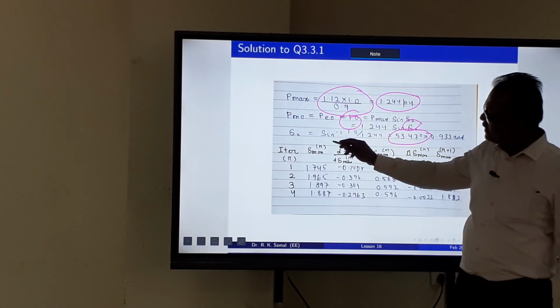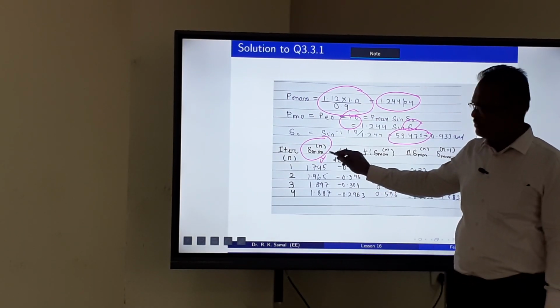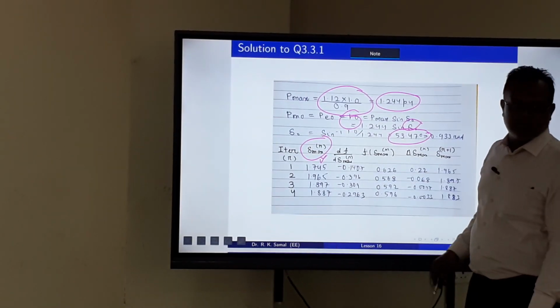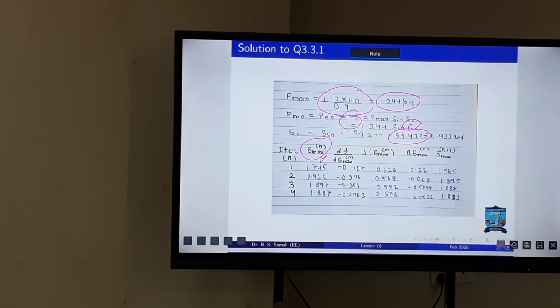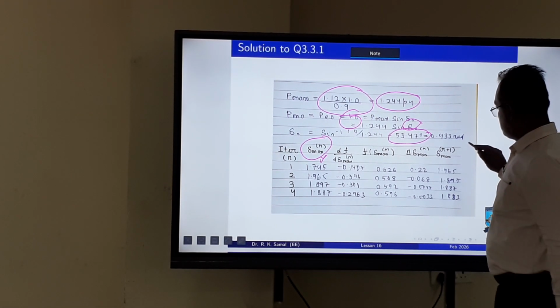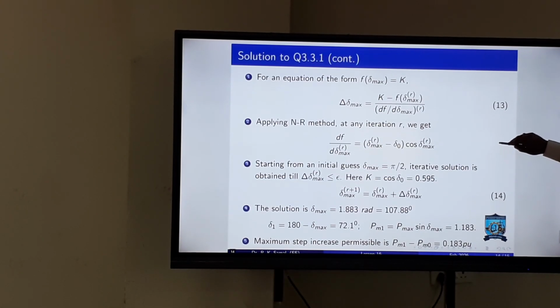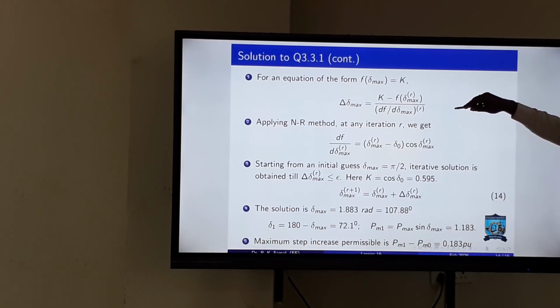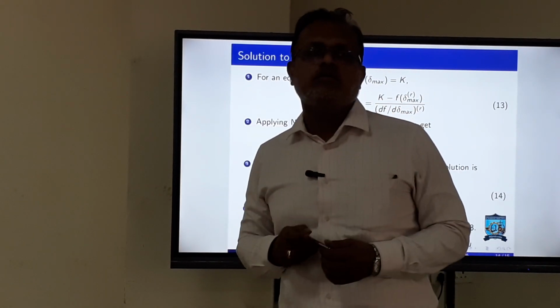Then we will guess an initial value of delta max, in radians, and continue the iteration using the Newton-Raphson method. So this is the form of the equation which can be implemented in Newton-Raphson. It's not that difficult, as we did in load flow.